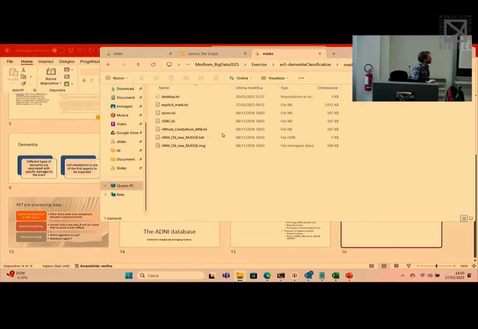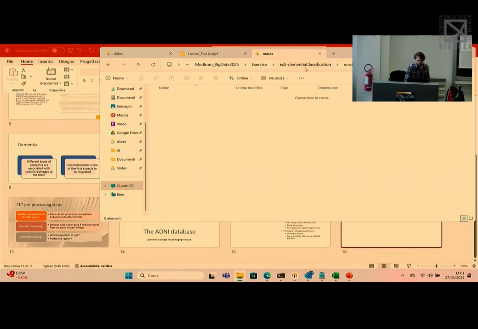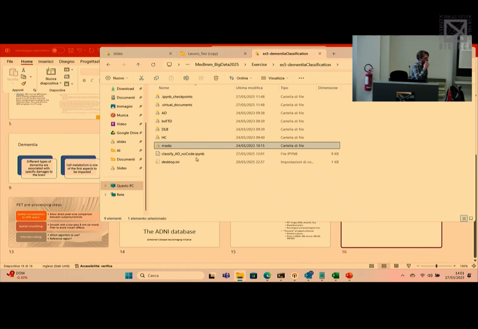Here in the masks folder, I have some masks that you can use to select just some part of the brain. And I've put a Jupyter notebook that asks you to set up a classification using standard, traditional methods, let's say. But of course, you can invent something you want.